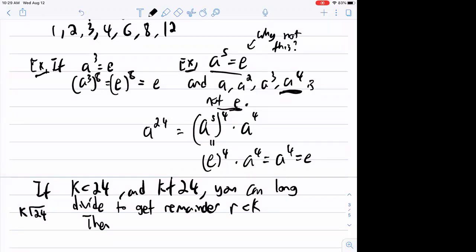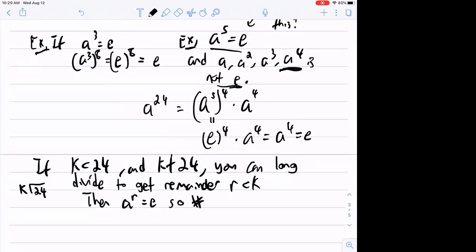When you do this, the remainder is smaller than k. Then a to the r is e. So, contradiction, right? Like here, the remainder when you divide 24 by 5 is 4, right? So that's why you have the 4 there. It's long division.